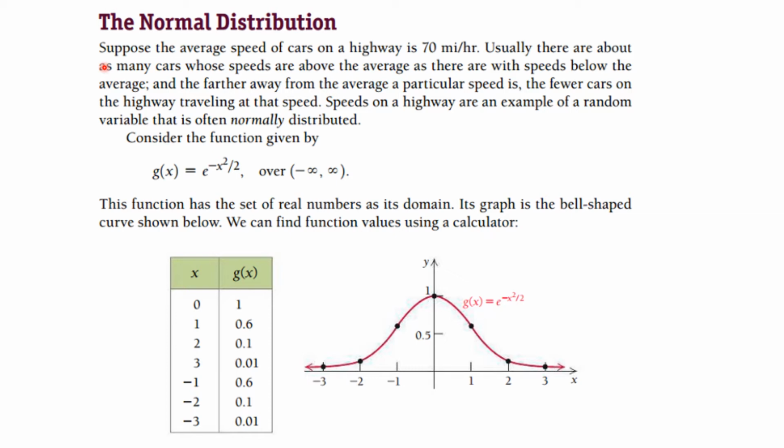And on a highway, the speeds are normally distributed, and that means this function, which does make the bell-shaped curve, is g of x equals e to the minus x squared over 2. It runs from minus infinity to positive infinity, but you see these get very close to 0 in the tails. And you could plug this into a calculator to find the values of this density function.